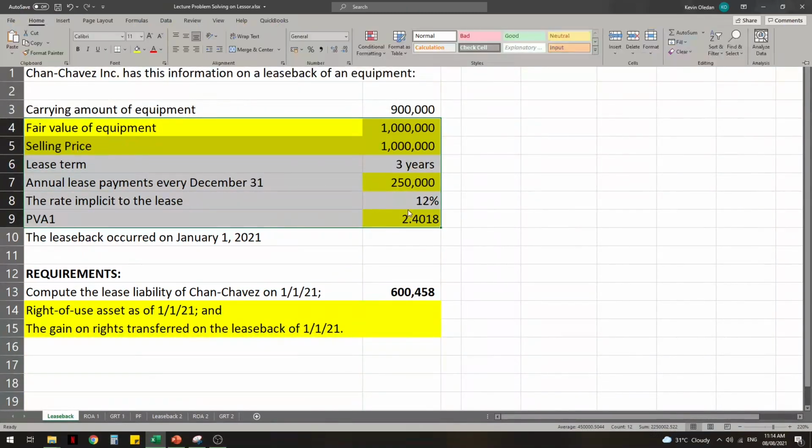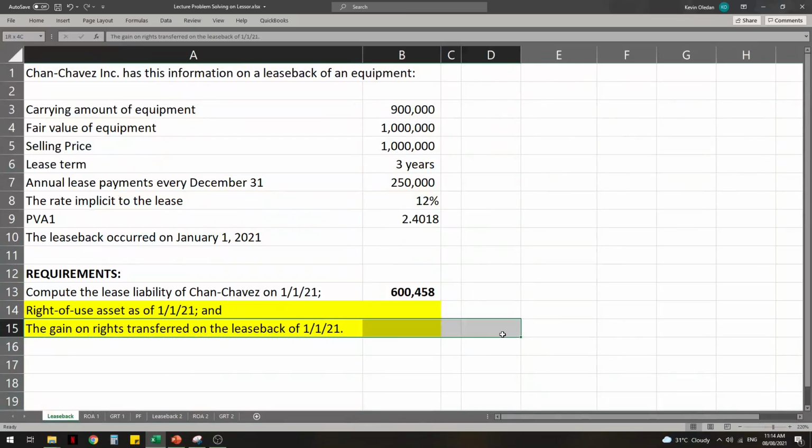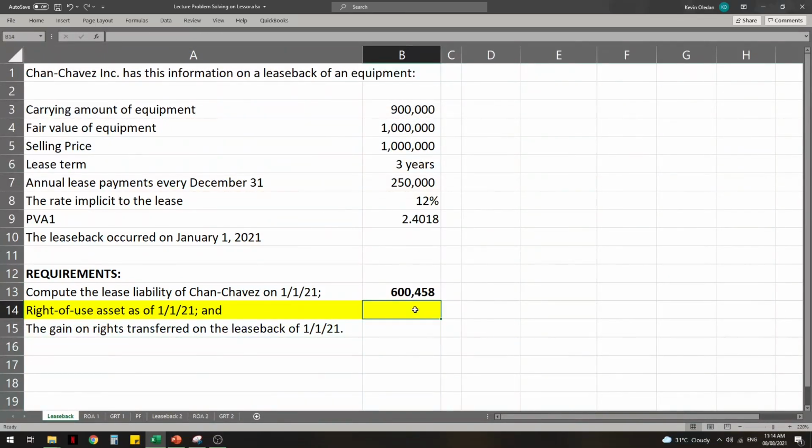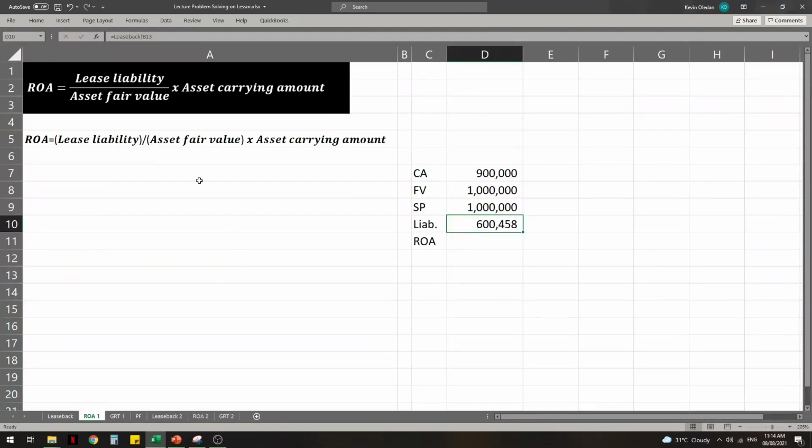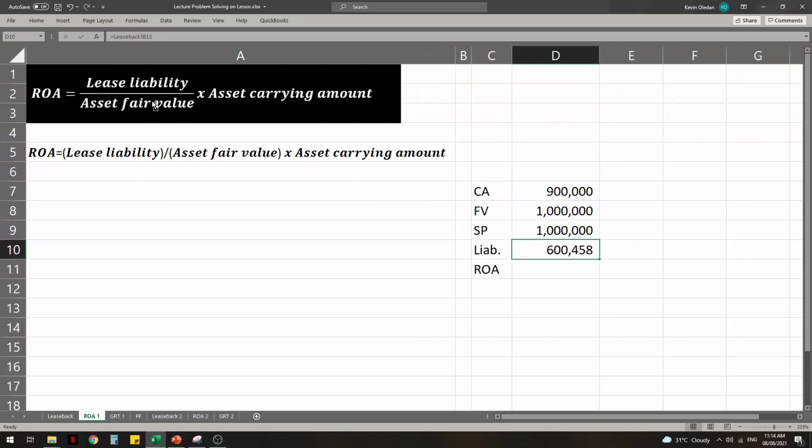Okay? Now let us focus on the peculiar requirements. Right of use asset. In a leaseback transaction, where the selling price is equal to the fair value of the equipment or of the leased asset, your ROA can simply be computed using the following formula.